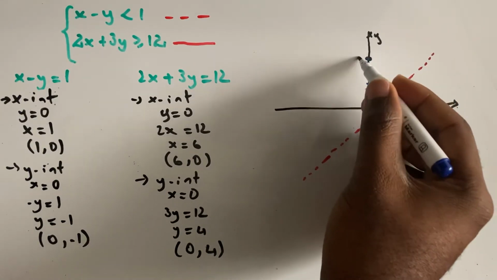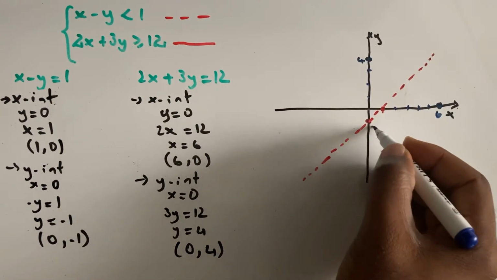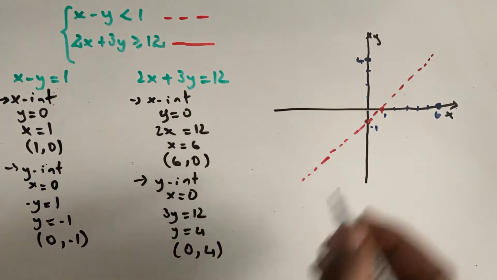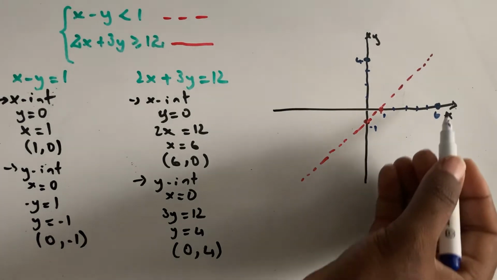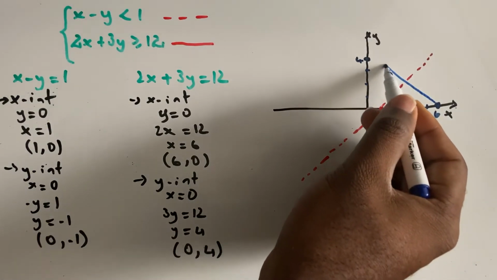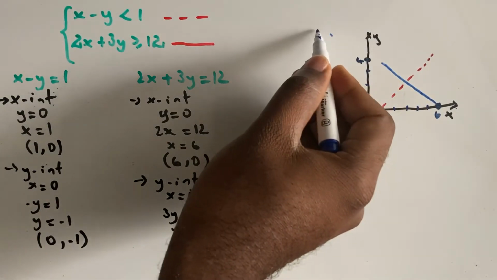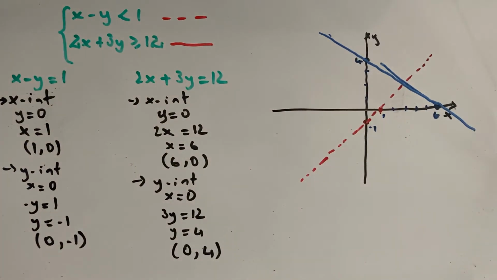So 4 and 6, and this was negative 1, this is 1. Then I need to join the points, so let's join them with this line here. This is not perfect. All right, this one is better. Let me just erase a little bit.